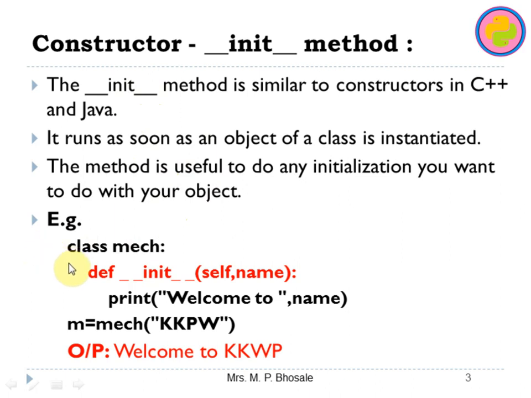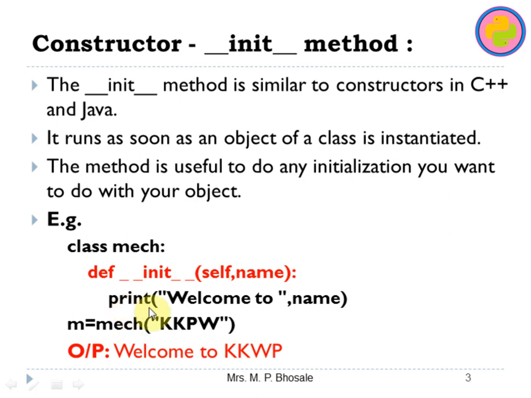So an example is given here. We have a class make and this double underscore init double underscore in brackets. Of course we have to first pass the self parameter and then whatever parameter you want while calling the constructor. Calling the constructor means while creating the object of that class.